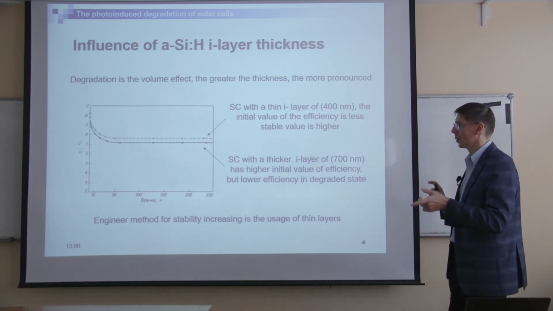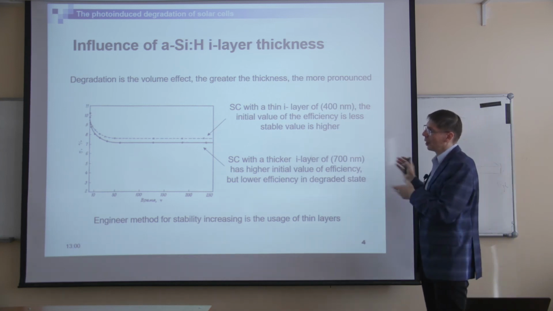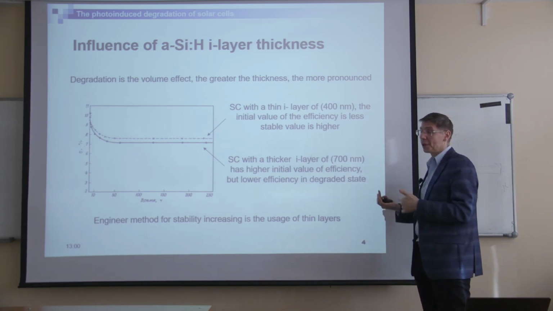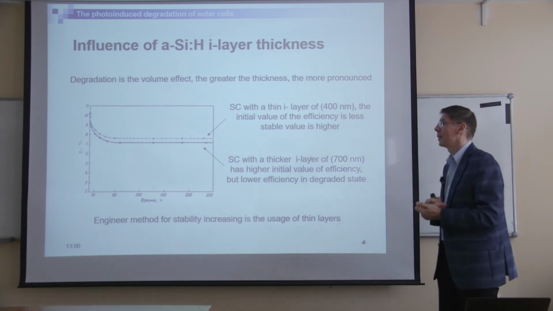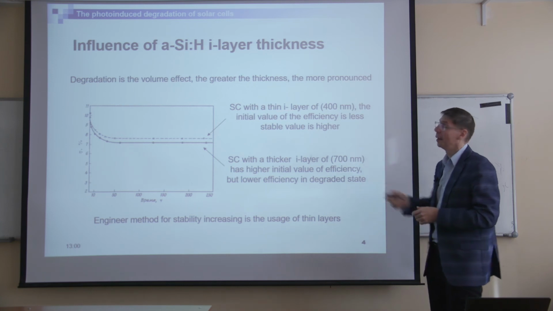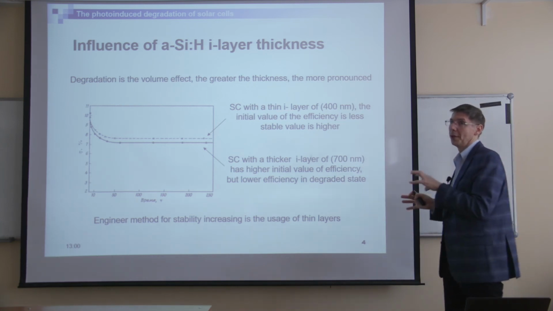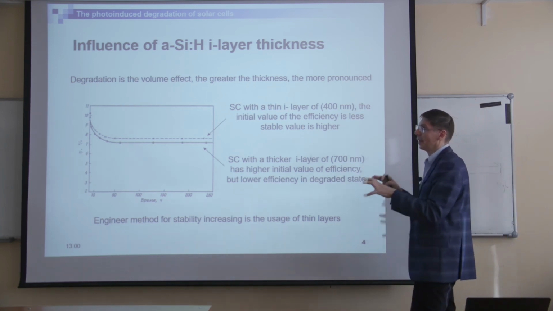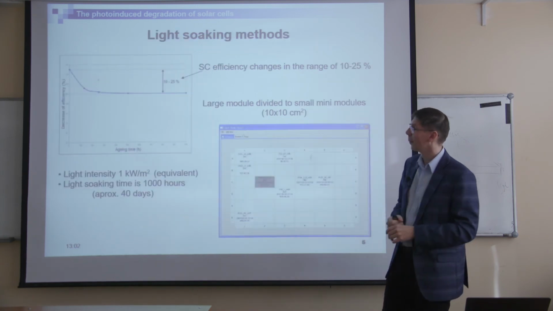Just for your notice, for double junction amorphous hydrogenated microcrystalline solar cells, the thickness of the i layer was about 200 nanometers. So you see it's even less than this value.